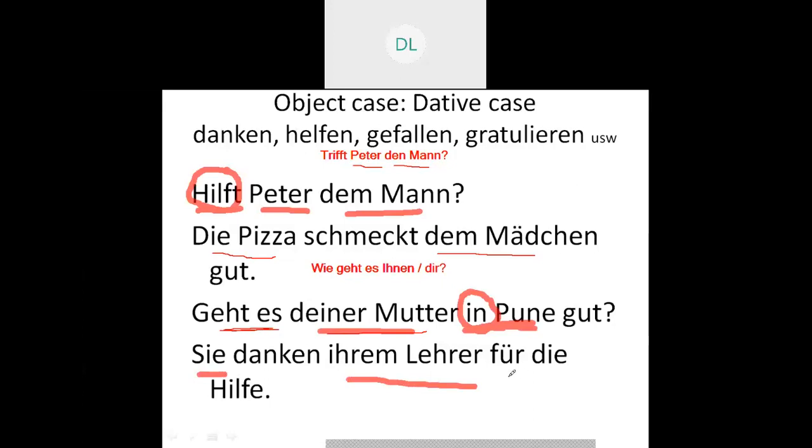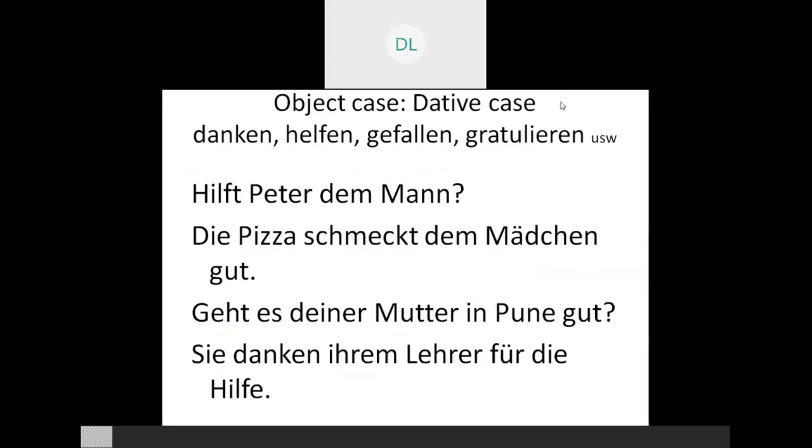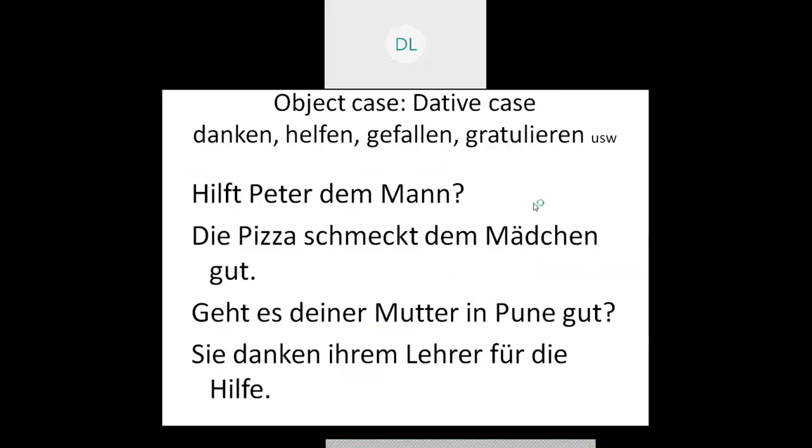And for the help: here für is the preposition, so die Hilfe will be neither a subject nor an object. With this, I will be going ahead to the last one. Till now, what we have discussed is the nominative, the accusative, the dative, and now let's move ahead.